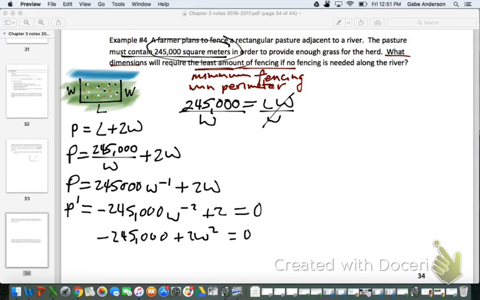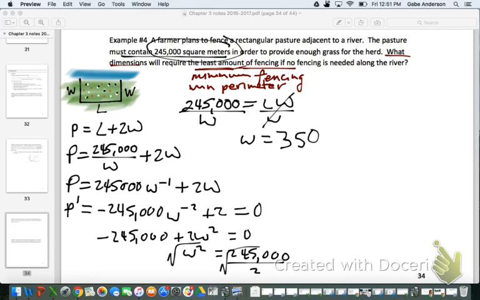So the W squared would cancel out on the first and the last term, but not the middle term. And then I would just solve. So I'd get W squared equals 245,000 divided by 2. Square rooting both sides, is W really equal to 350? Am I remembering that right? Yes. Okay. So W equals 350.